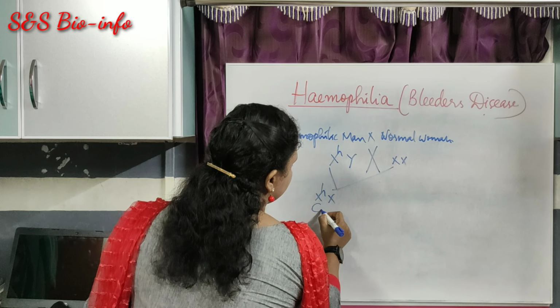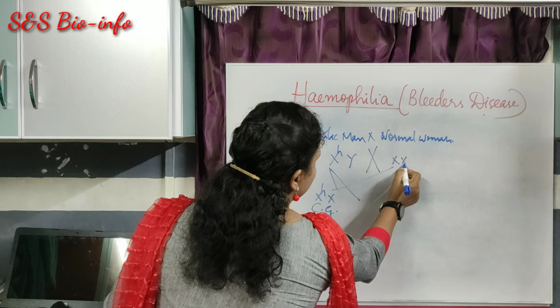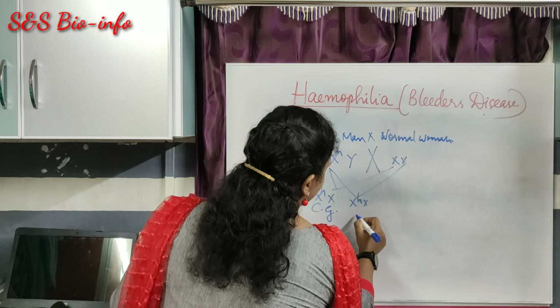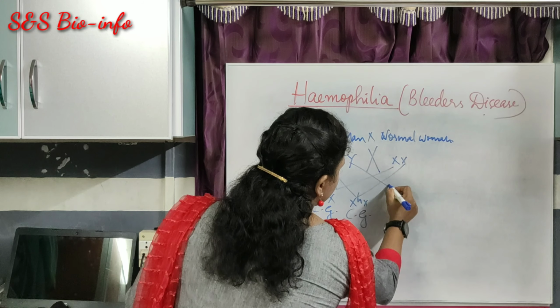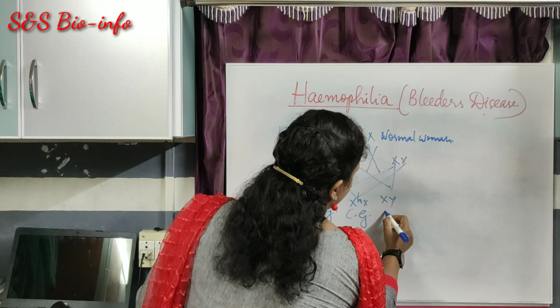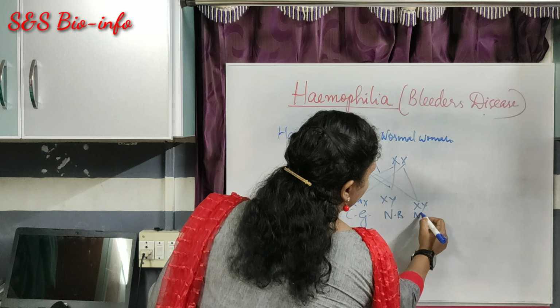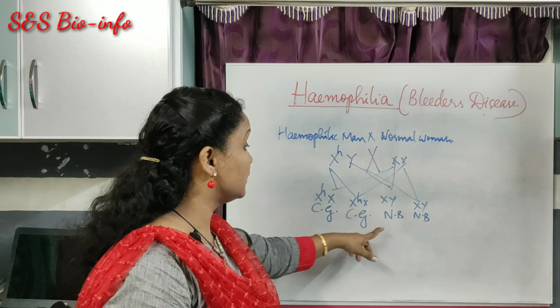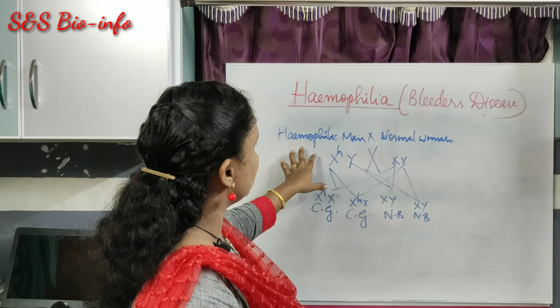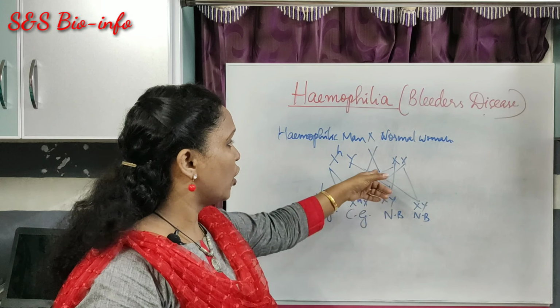XHX, that means carrier girl. Again XHX, carrier girl. XY, normal boy. Again XY, normal boy. So these are the genotypes of the cross between a hemophilic man and a normal woman.